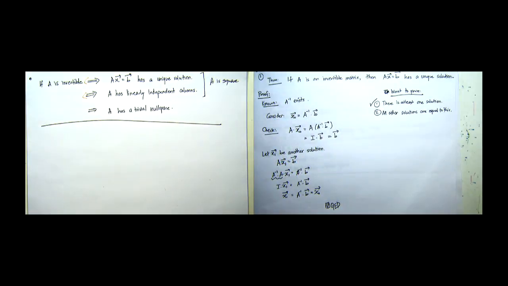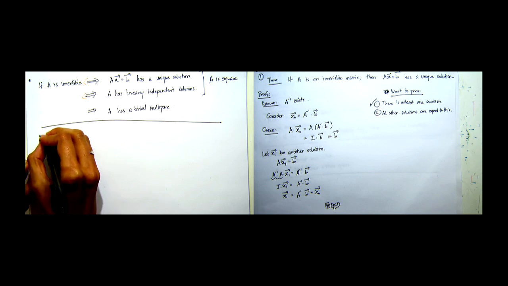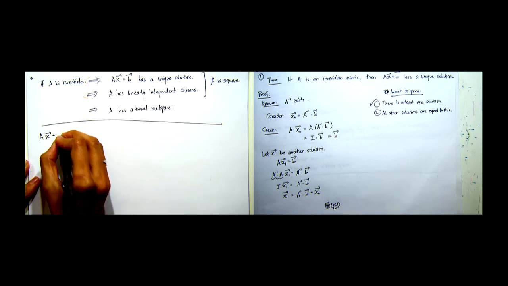So to be able to answer that question, which I'm not going to be able to fully answer today, but I'm going to build up to answer it over the course of today's lecture and the next 2 lectures, I want to focus on this equation, AX equal to 0.